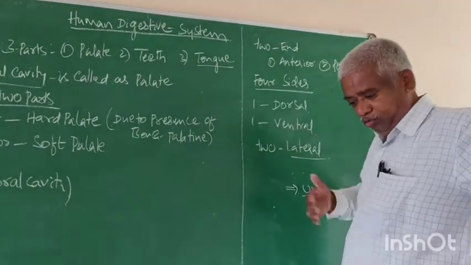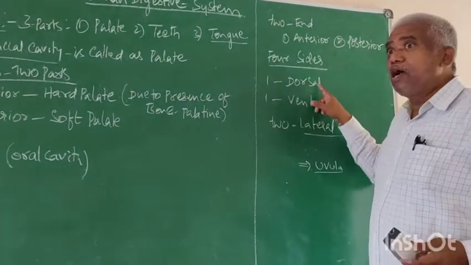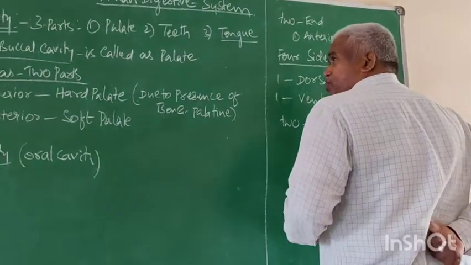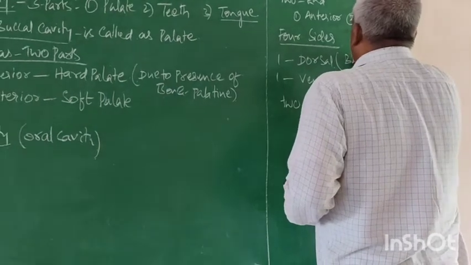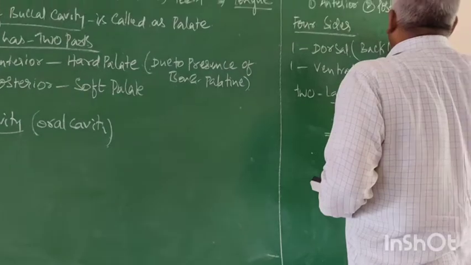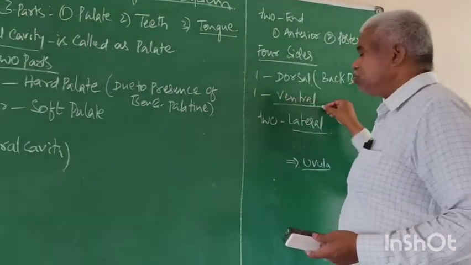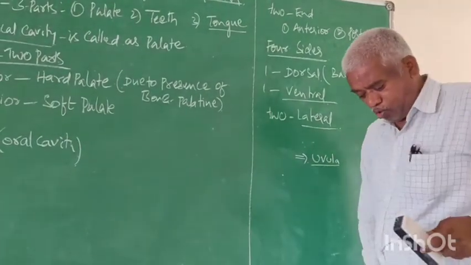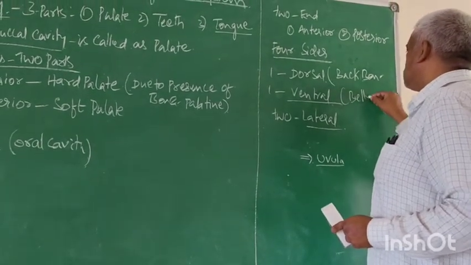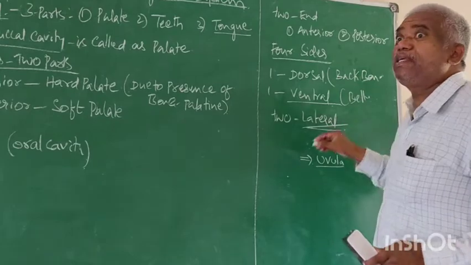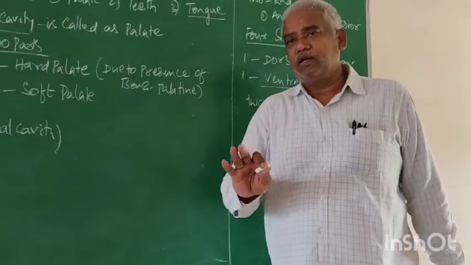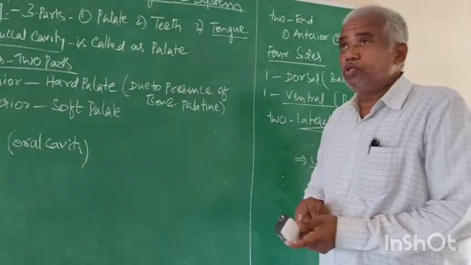Four sides: dorsal, which contains the backbone; ventral, the belly region; and laterals, right lateral and left lateral.